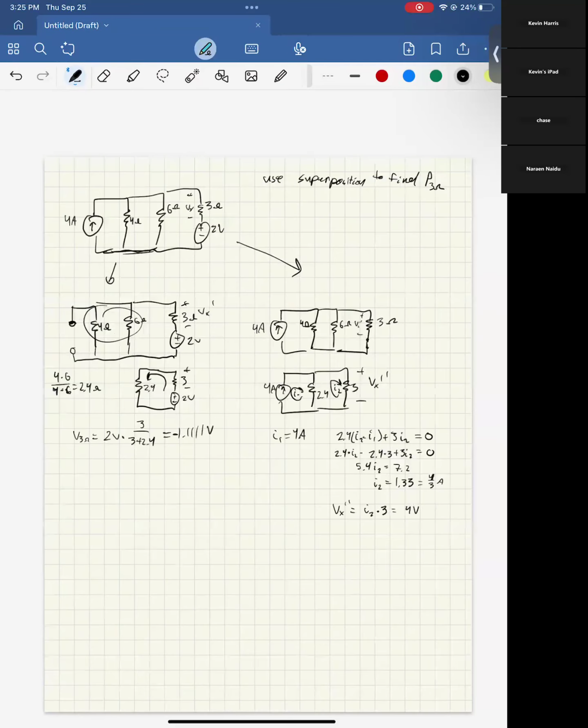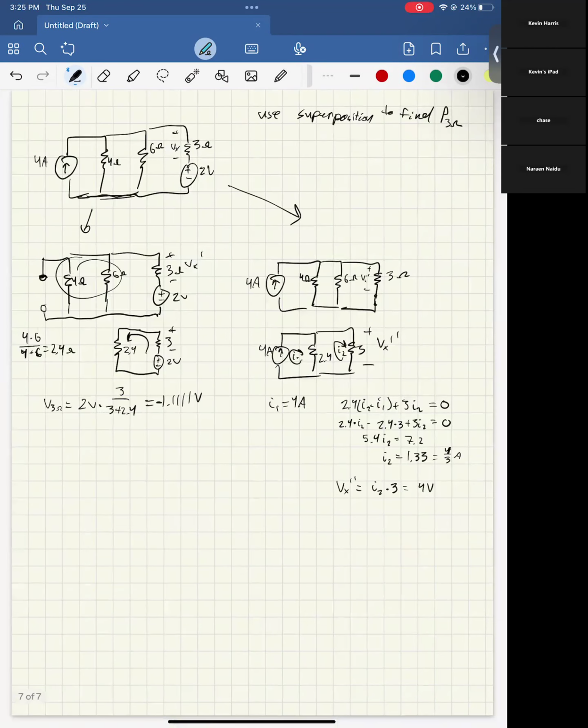And then last but not least, now that we have that voltage, Vx is going to be minus 1.11111 plus 4, which will get us 2.889.